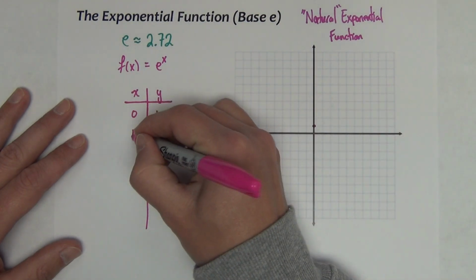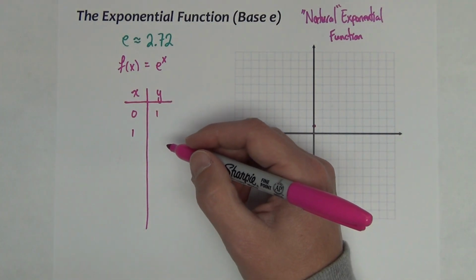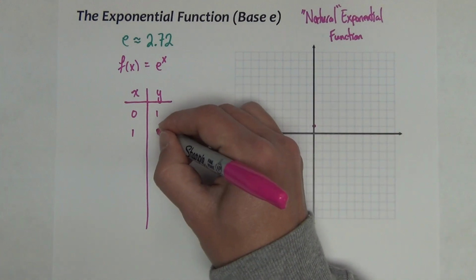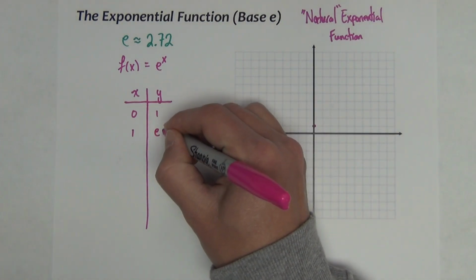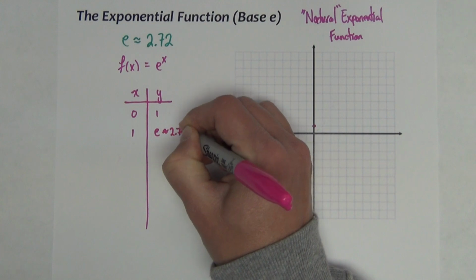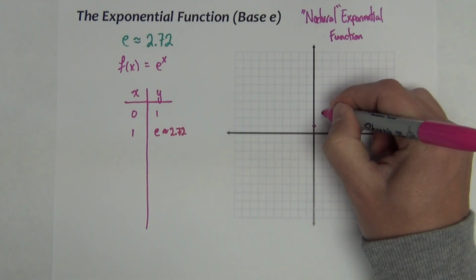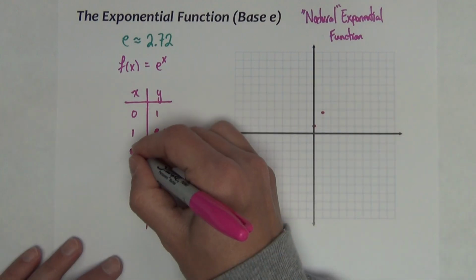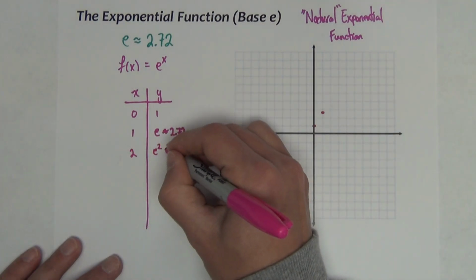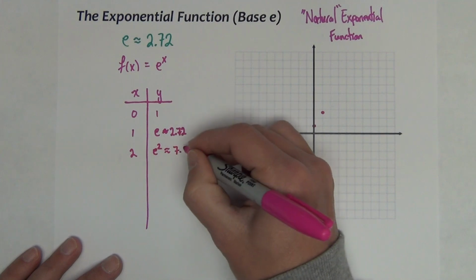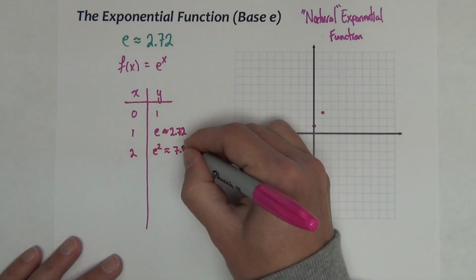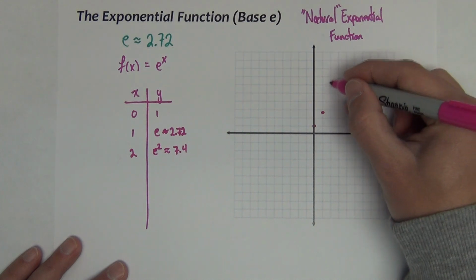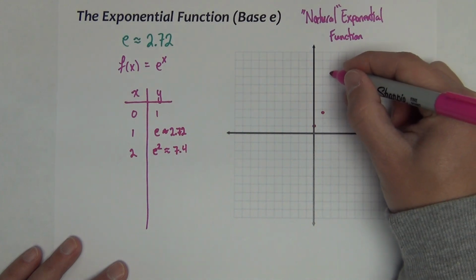And then maybe e to the first, and e to the first is that decimal 2.72 raised to the first power, so that's just itself, e, which is about 2.72, so that's about here. And if I wanted e to the second power, that's e squared, that's about 7.4-ish, so it's kind of there.